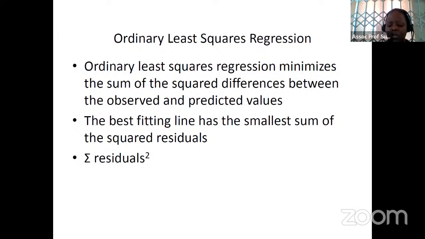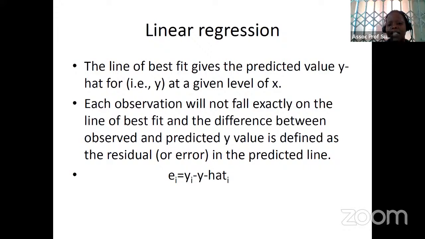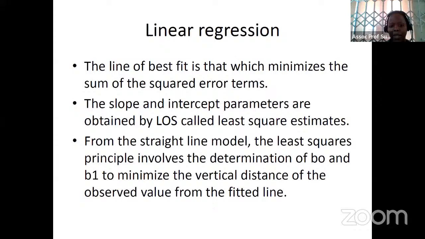We are not going to go into the math, but I just want to mention in passing that our slope and intercept are obtained from the deviations, the residuals, the deviations between the observed and the predicted value. Okay.